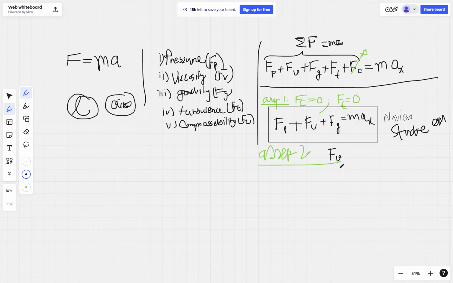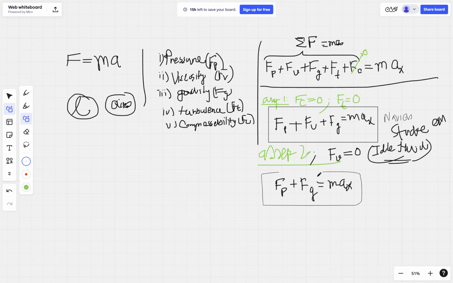We now assume that the viscosity is 0, and the viscosity is 0 in the case of an ideal fluid. For this condition we now get the final equation, that will be F of P plus F of G, which will be equal to m a.